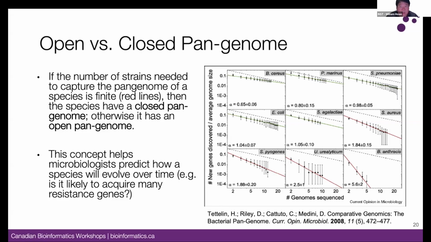So this type of concept then help microbiologists to predict how a species will evolve over time. Is it likely to acquire many resistant genes, or is it a genome that's under reductionist trend, and it's actually becoming more niche adapted and so on.